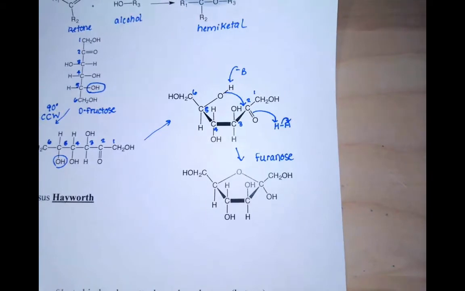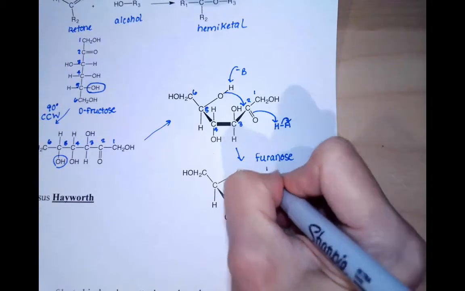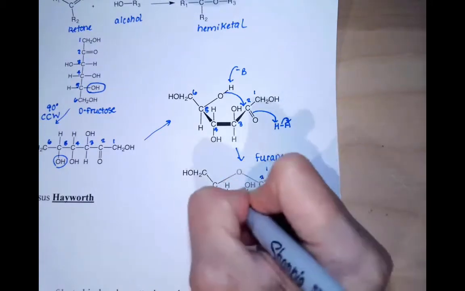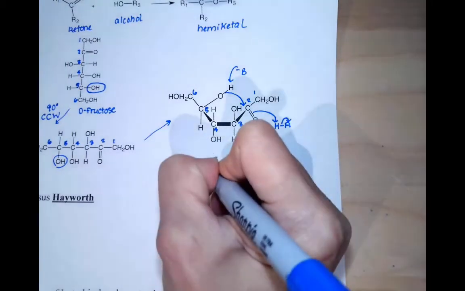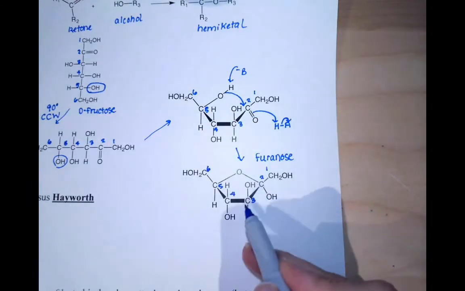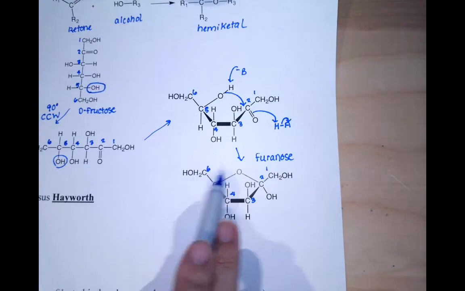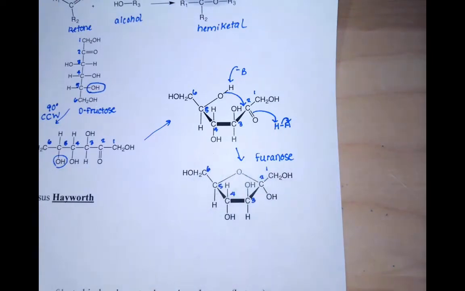Okay, so let's look at where each atom is in this 5-membered ring. So let's just start by looking at the carbons. We have carbon number 1, 2, 3, 4, 5, and 6. So you can see that carbons 2, 3, 4, and 5 are part of the ring, whereas carbon number 1 and carbon number 6, those are outside of the ring.